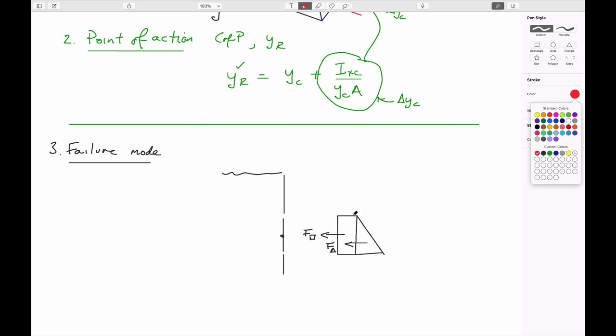So for instance, you could choose any point you wish, and it could be here, and you could choose this length and this length here.